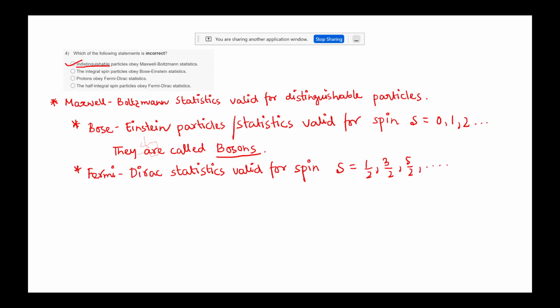These are half integer spins, and these are called half integer particles.